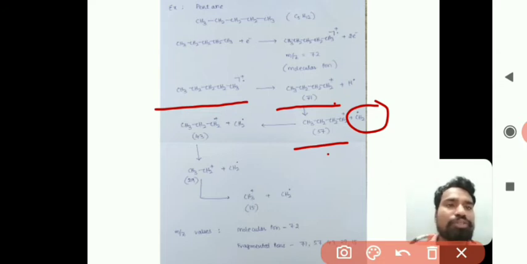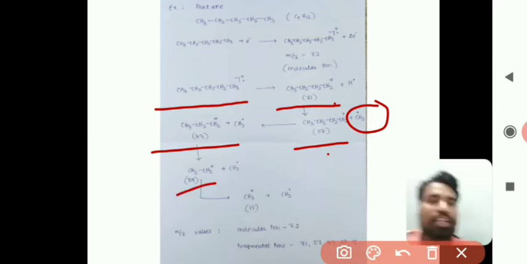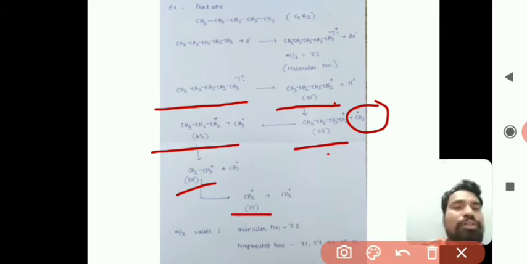That m/z value is 57, and this undergoes fragmentation and forms the propyl carbocation, which undergoes further fragmentation to the ethyl carbocation and then the methyl carbocation. This fragmentation process continues until we get a small carbocation, the methyl carbocation.